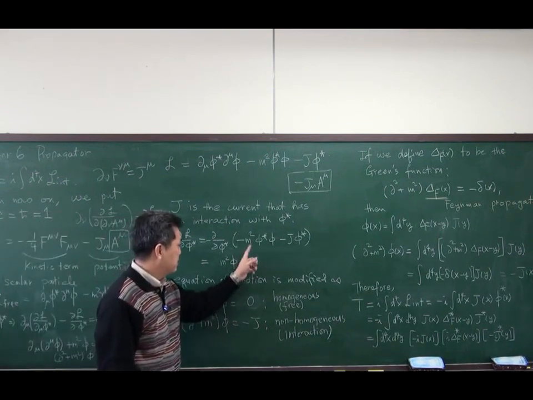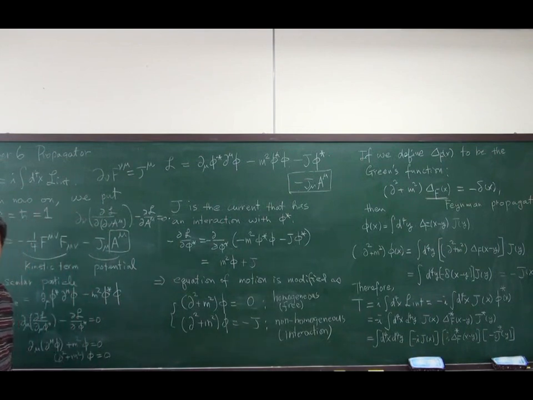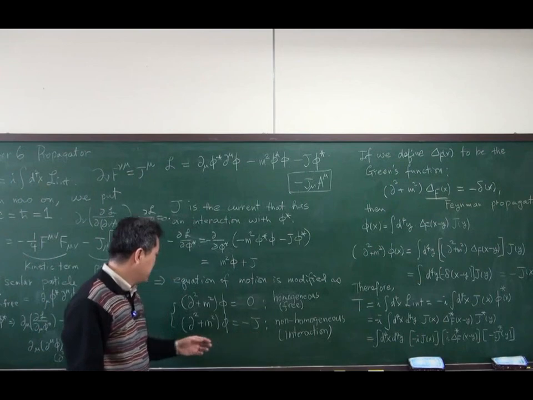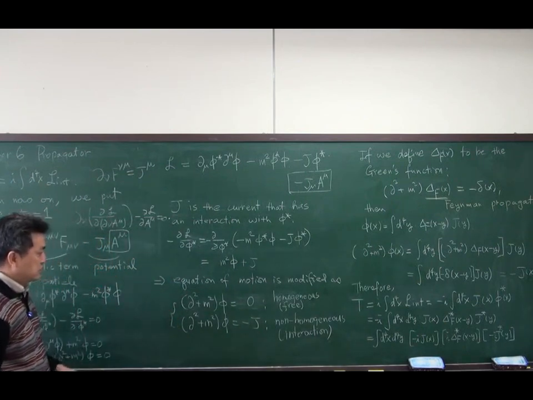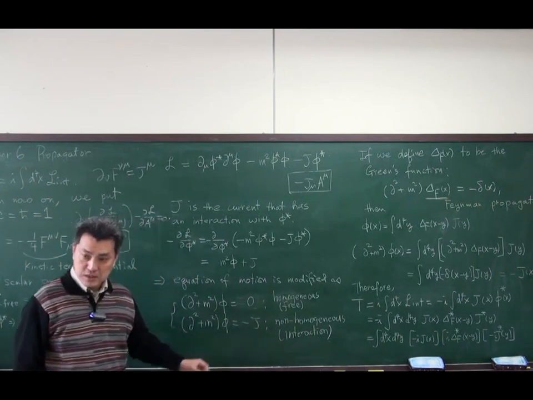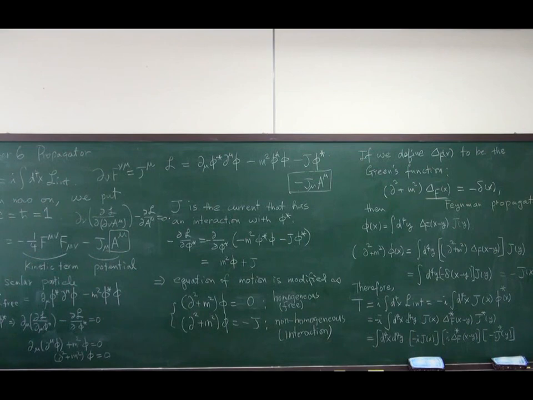That effect is the additional j. And if I move this term to the right hand side, in comparison with the homogeneous equation for the free particle case, an additional piece appears in the non-homogeneous equation.